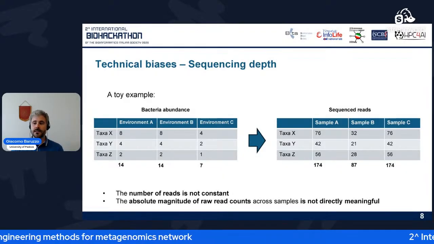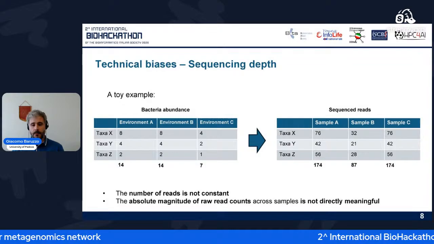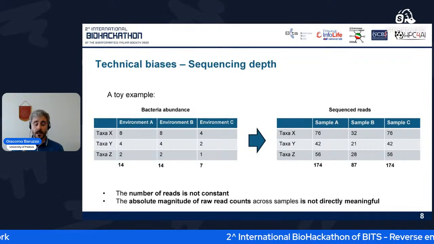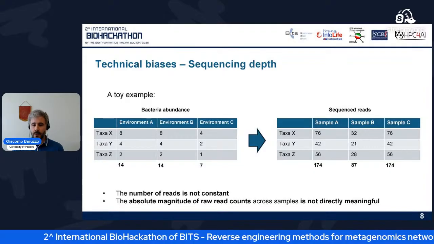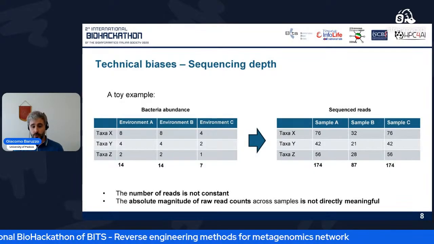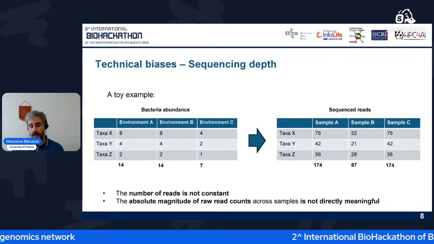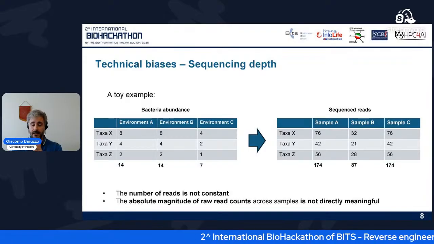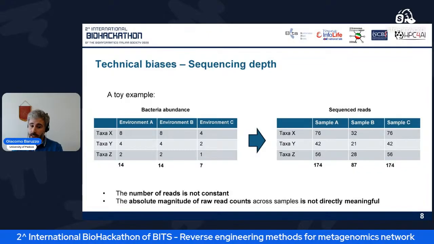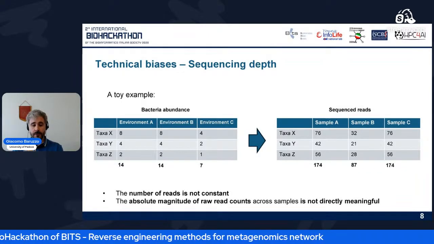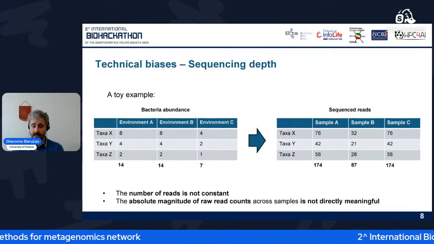And it seems now that in sample C, since you have a comparable amount of read counts compared to sample A, you may say, okay, environment C has the exact same composition as environment A, while as you can see in the table on the left, this is not true. Again, this is due to the fact that the read count is not constant among samples, and is merely a technical effect of using the sequencer with a different amount of reads. So this is telling you that the absolute magnitude of the read counts that you observe in the count data is not directly meaningful. Okay?